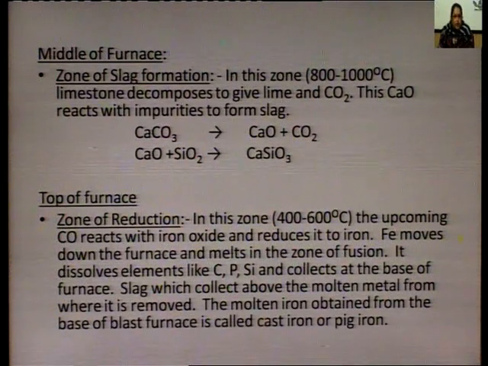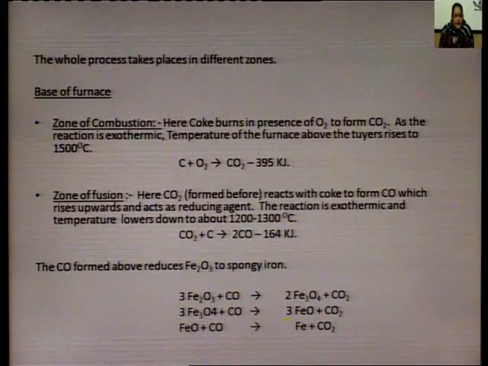The last zone is the zone of reduction, and in this zone the approximate temperature is 400 to 600 degree centigrade. What happens here, as we have already discussed, is that the upcoming carbon monoxide reacts with the iron oxide, Fe2O3.